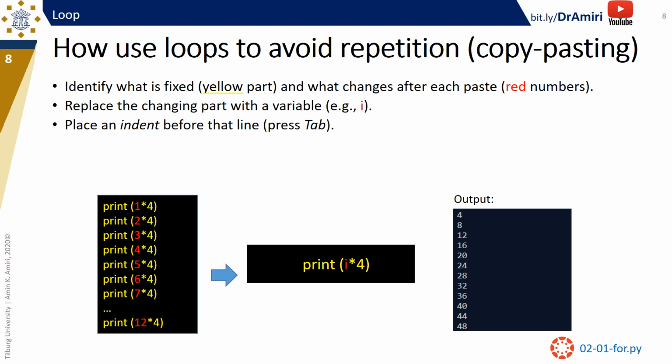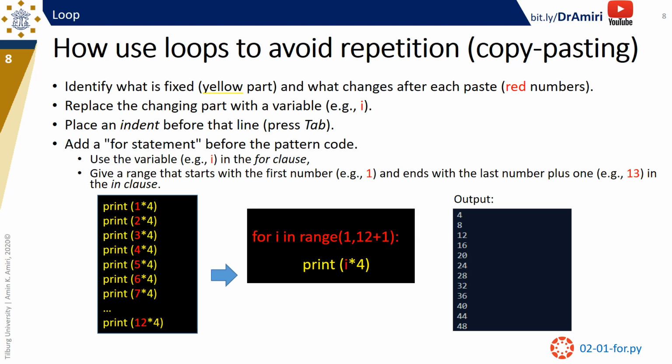After that, you place an indent before that line by pressing the tab key on your keyboard. After that, you need to add the for statement. You need to use the variable i, for example, in the for clause, and in the in clause, you can use the range function and give two arguments.